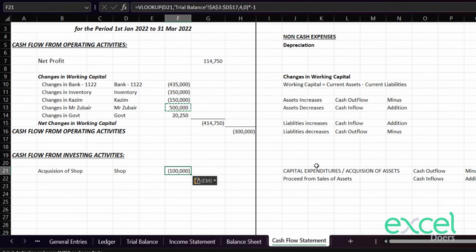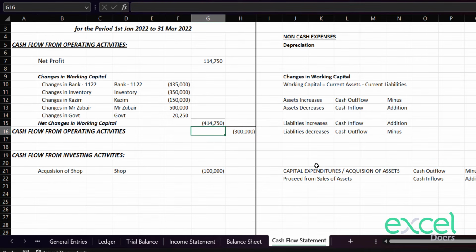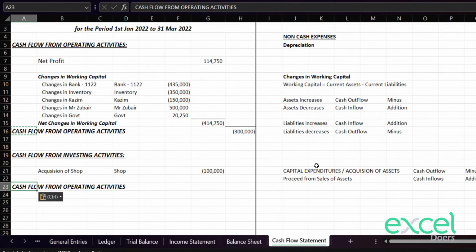The value will become negative because the money is going out from my pocket, and this time I can just put it here because there are no multiple heads in the same head, right? And that's it. So this is the net cash.